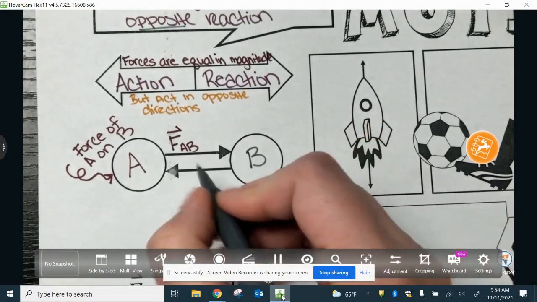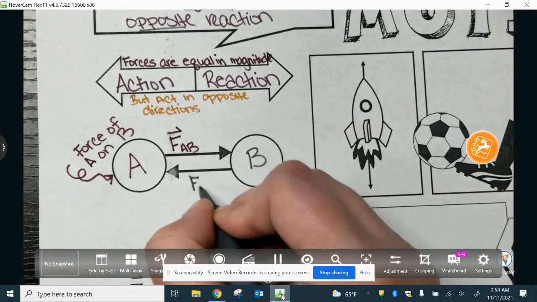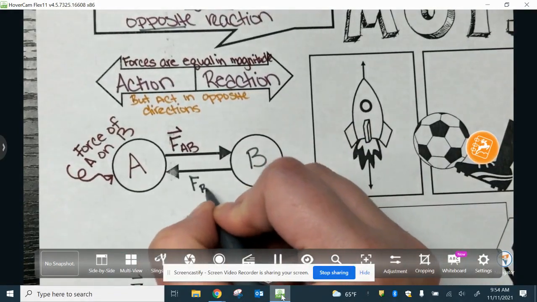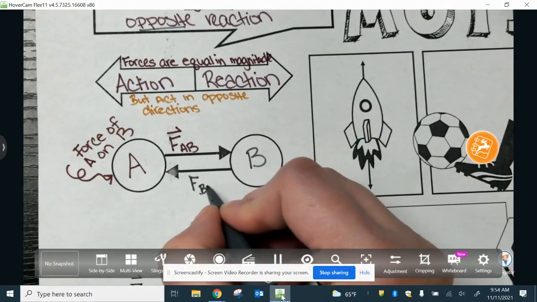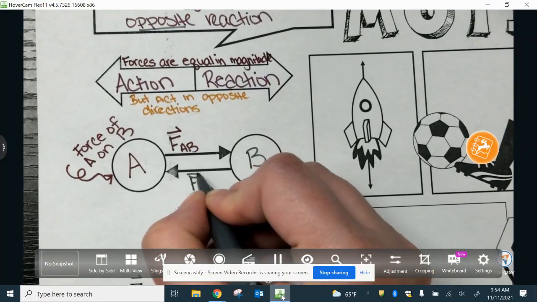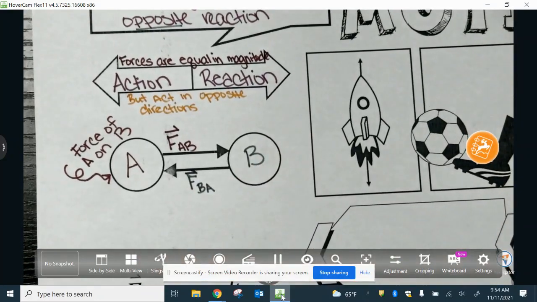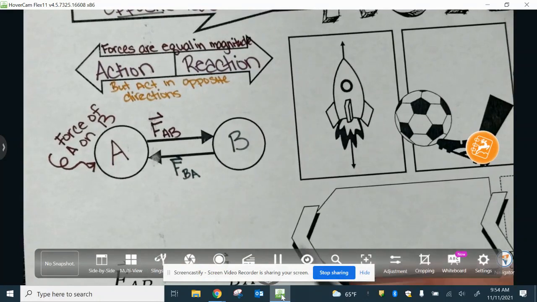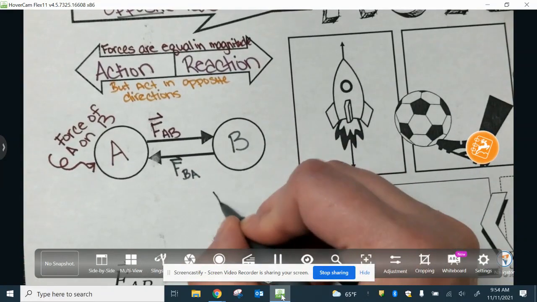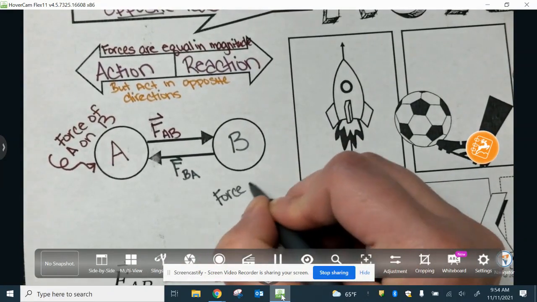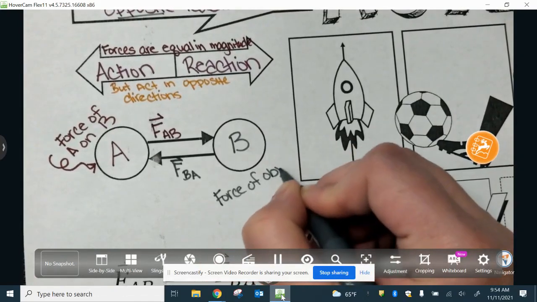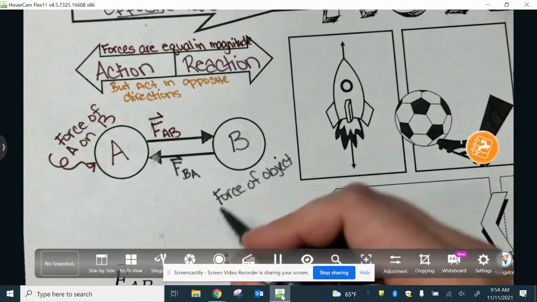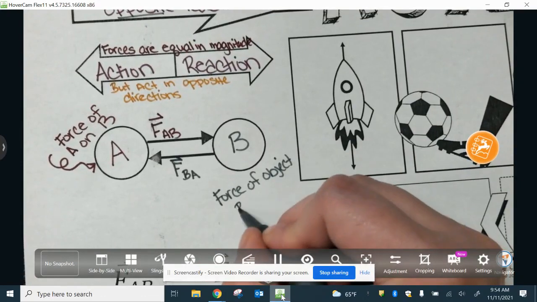And then you have object B that's applying a force of object B on A. Is it just backwards now? Equal and opposite. Yes.